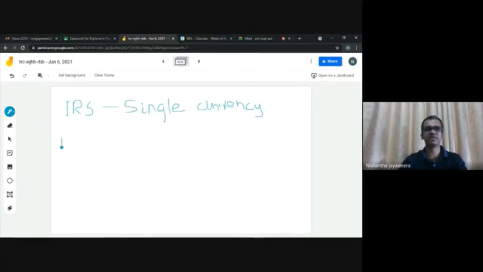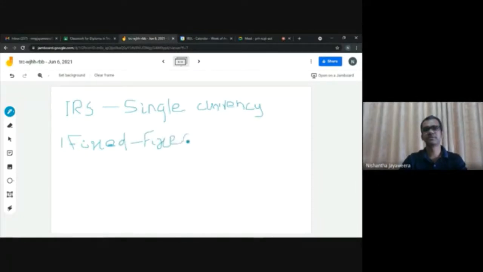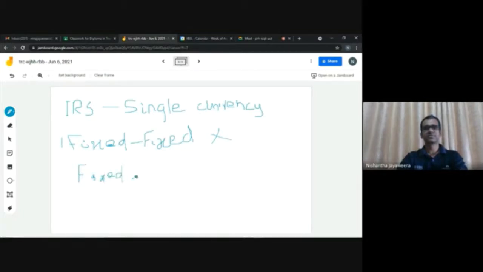But in this instance, the first option, fixed-fixed, is not possible, but the fixed-float and float-float are available.